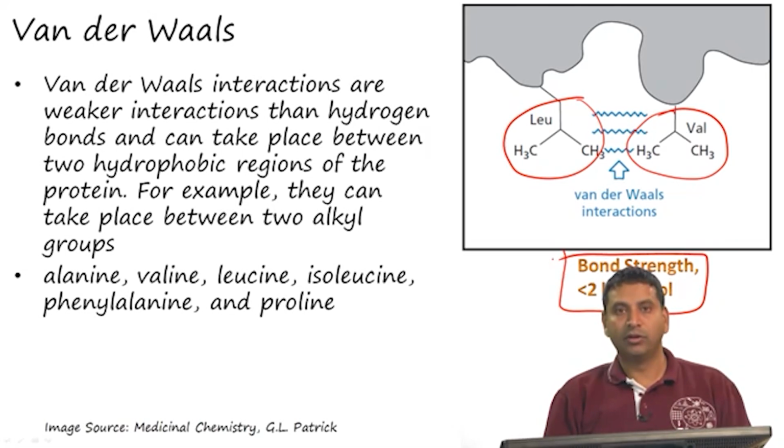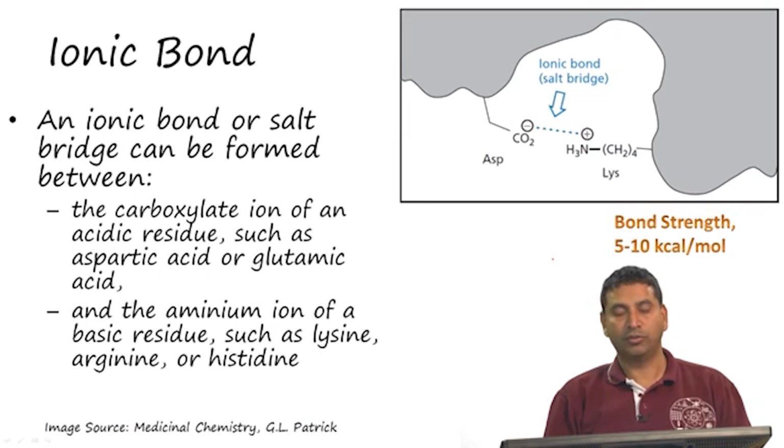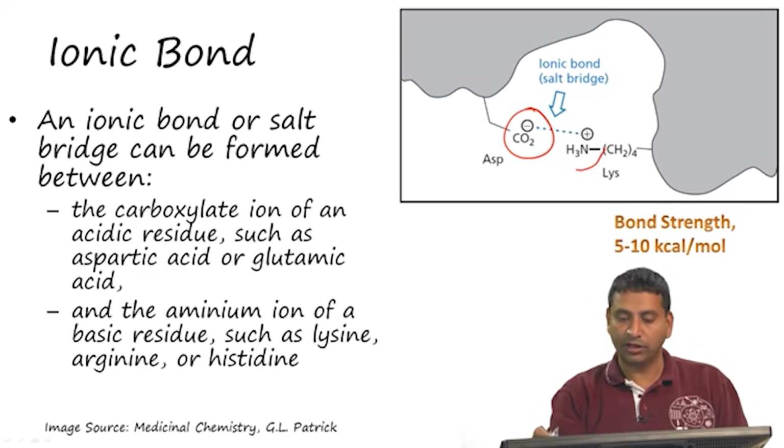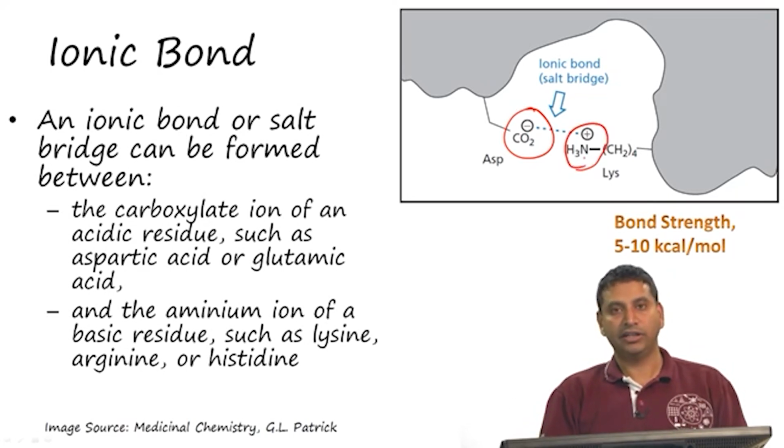Now, if you look at the ionic bond or salt bridge, an ionic bond is formed between typically a carboxylate ion of an acidic residue, such as the one shown here in aspartic acid, and an amine from a neighboring residue, such as lysine or histidine. Here in this example, the protonated lysine has a full positive charge on it, and so this kind of interaction is called a salt bridge.